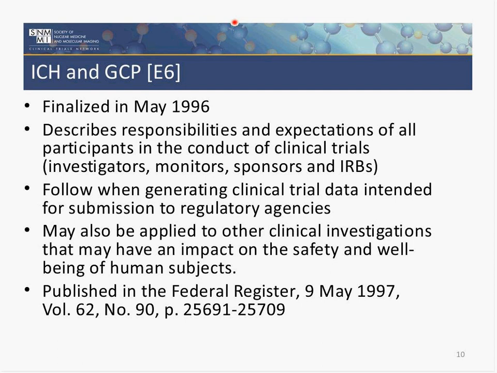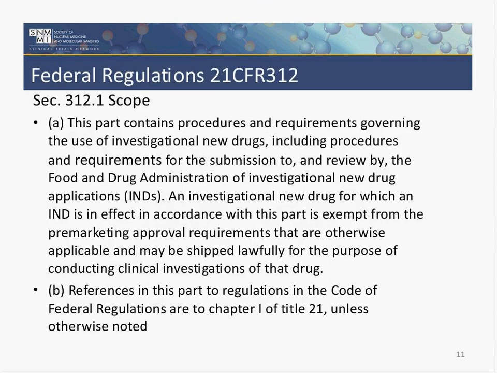More and more, people who are doing clinical trials, maybe not for registration, but for other purposes, such as some very early research studies to determine whether or not someone is going to file for registration, also follow the GCP. The GCP E6 document was published in the Federal Register, codifying this international document, something that the United States considers to be part of the regulation.